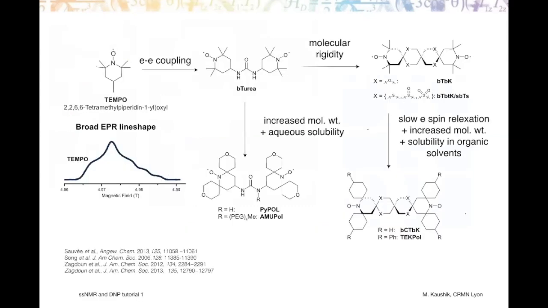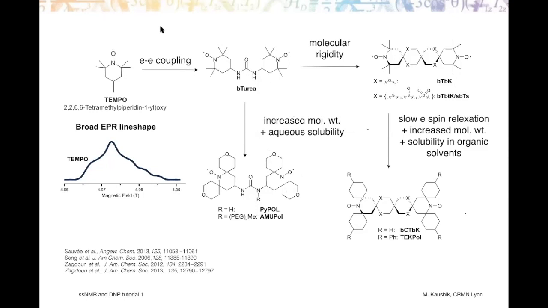So based on the theory of cross effect, there has been evolution in the design of biradicals for DNP. For example, we went from monoradicals, so TEMPO, to bTurea by attaching via a linker that is flexible. And experimentally, people found that increasing molecular weight or bulkiness of the groups near the nitroxide moieties tends to increase enhancement by prolonging the relaxation time.